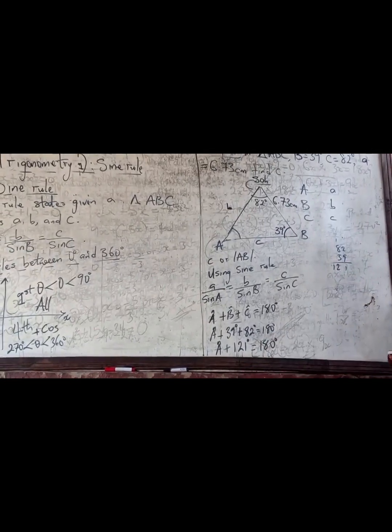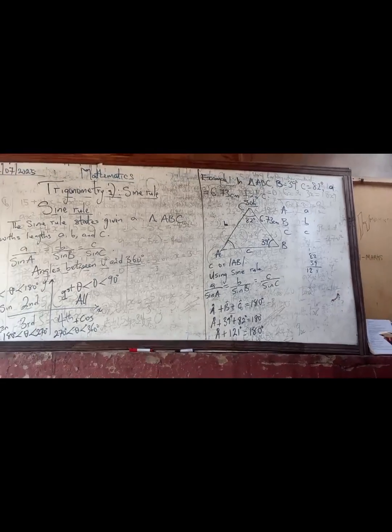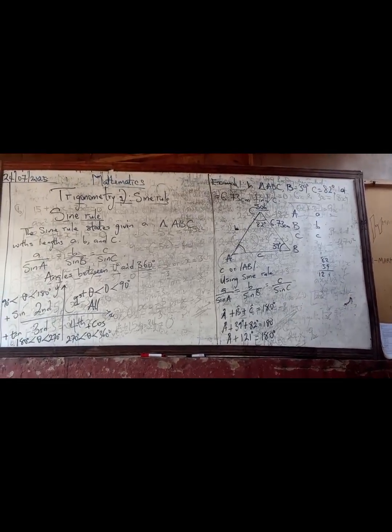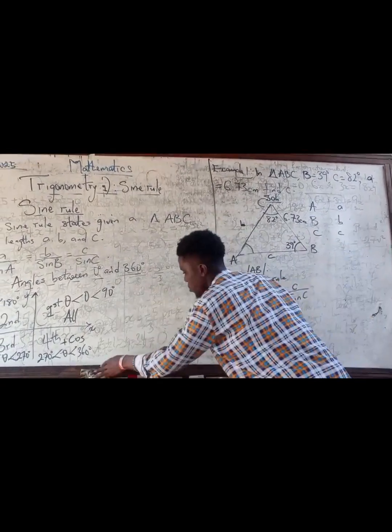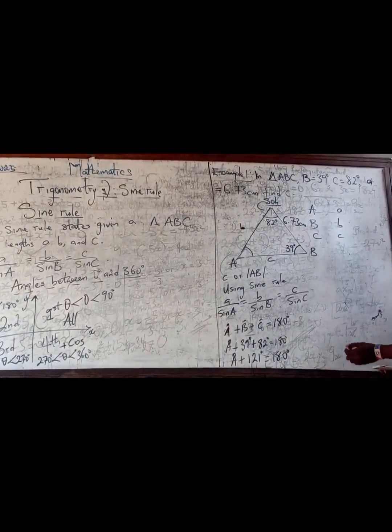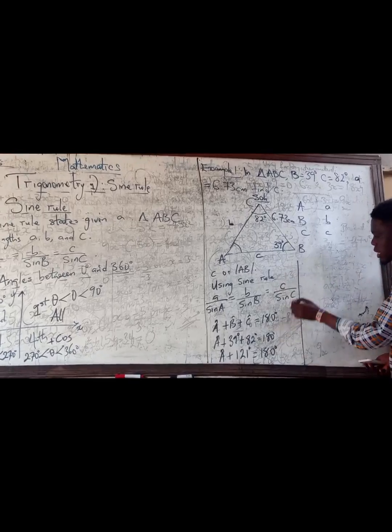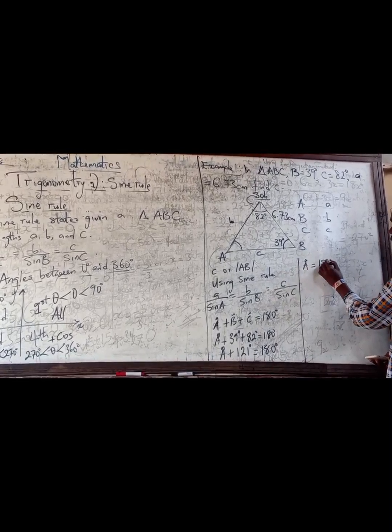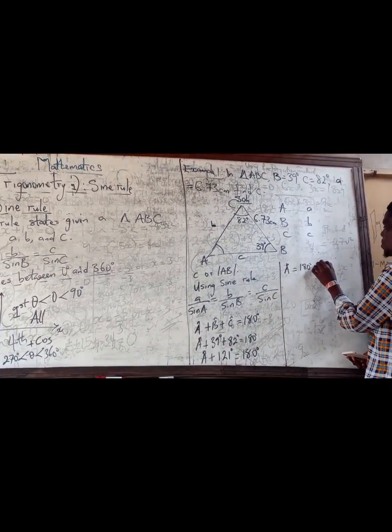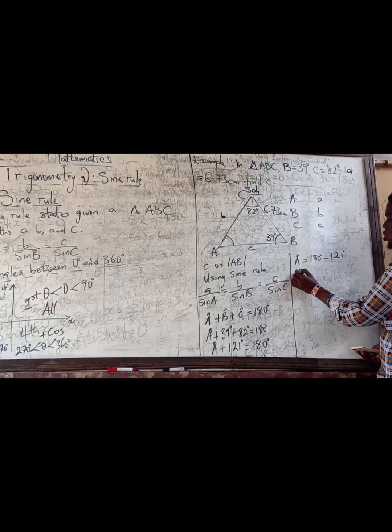So all we have to do here is to make A the subject of the formula. Angle A is equal to 180 degrees, and this comes over to this side, minus 121 degrees, and then you subtract.